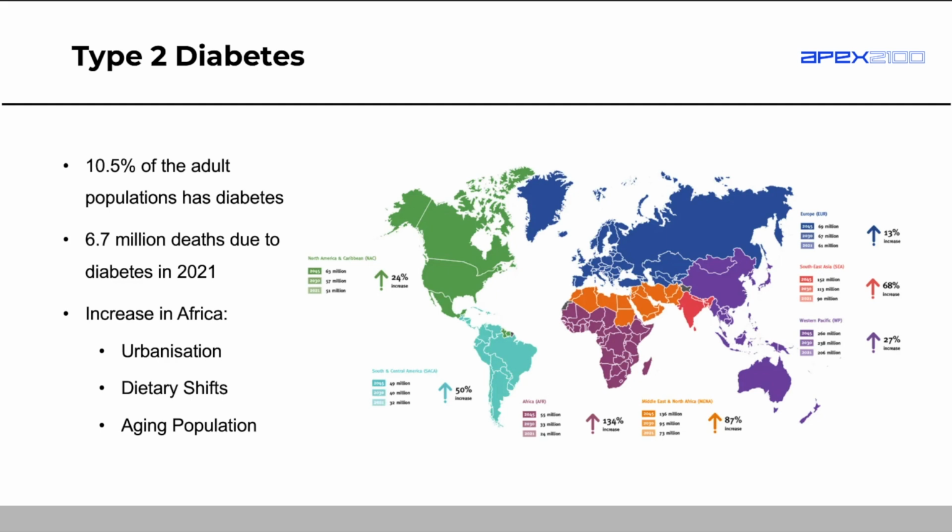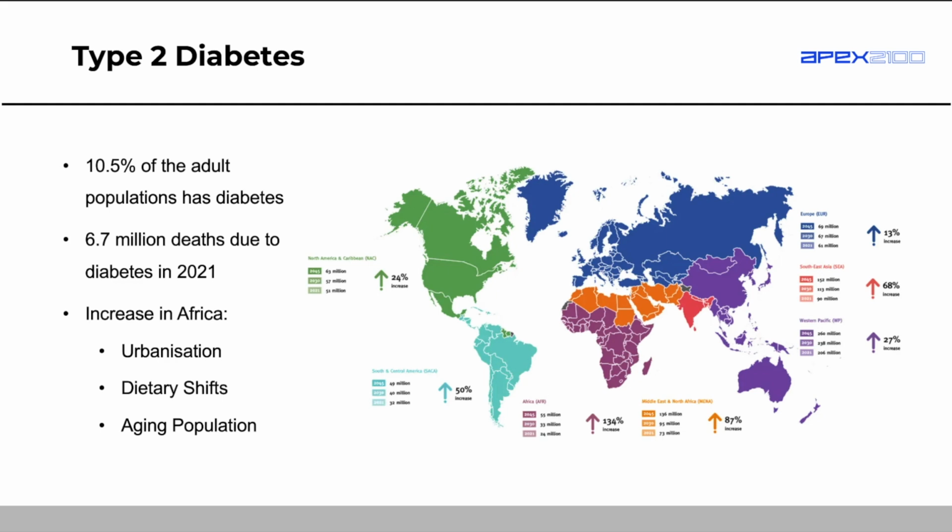Firstly, urbanization. So there's obviously rapid urbanization occurring in Africa, which can lead to lifestyle changes, including more sedentary behavior, increased consumption of processed foods, which contributes to obesity and then ultimately the risk of diabetes.